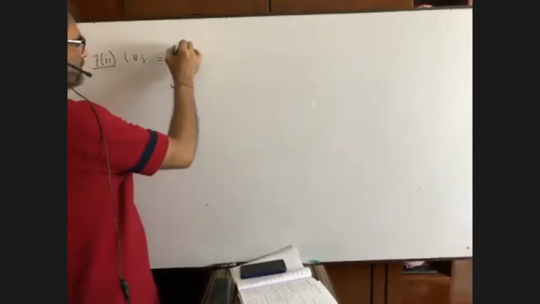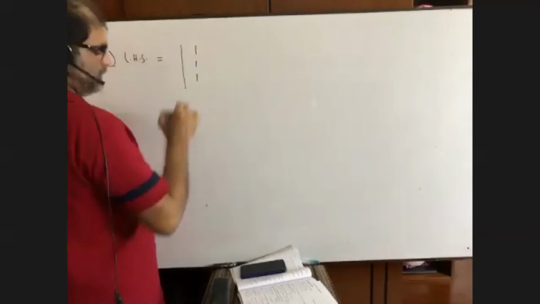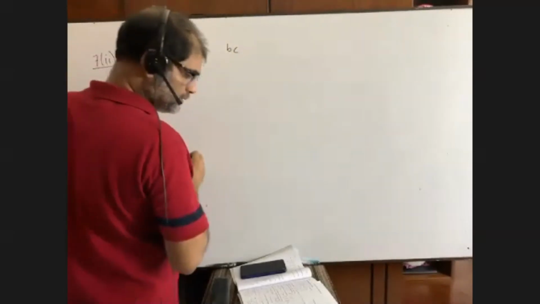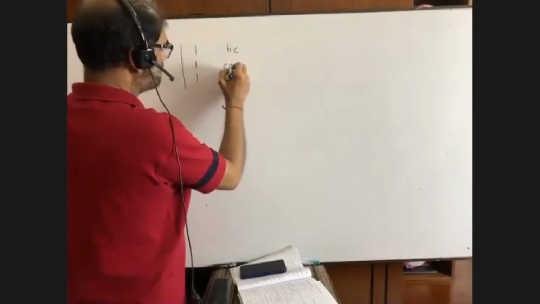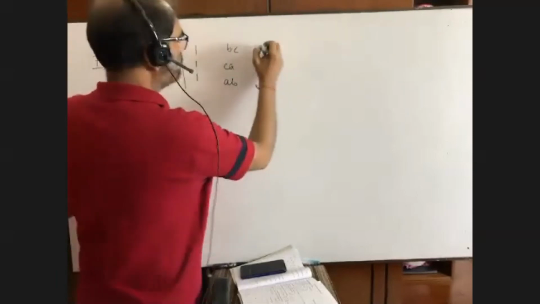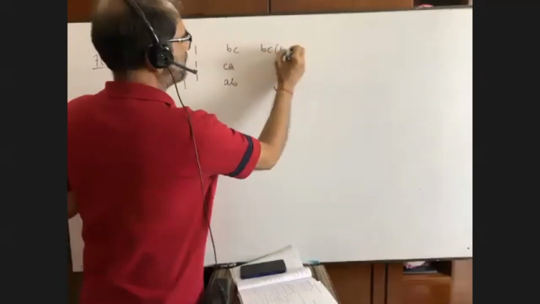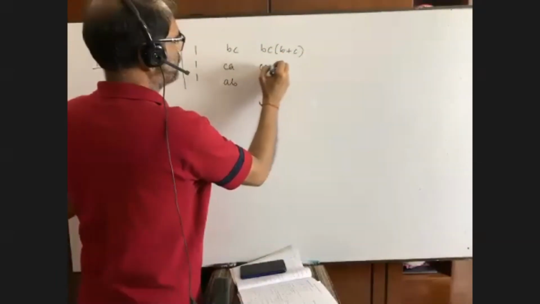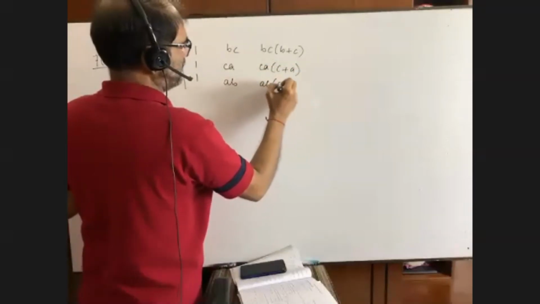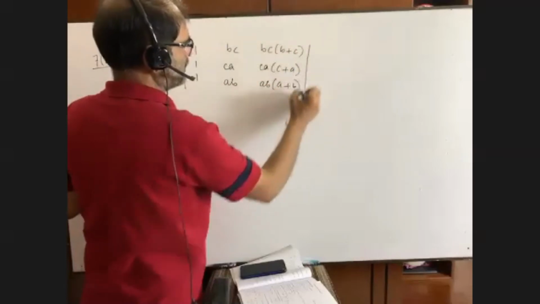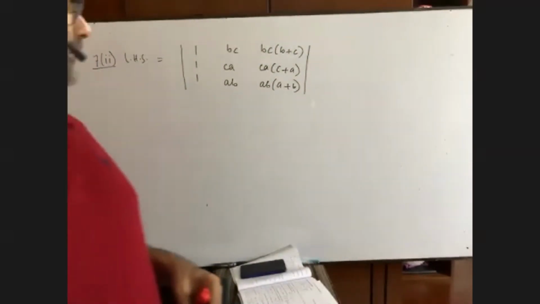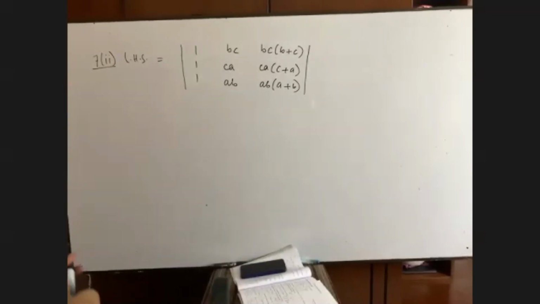You see, 1, 1, 1, AB, BC into B plus C, then CA into C plus A, AB into A plus B. I told you what is missing here.